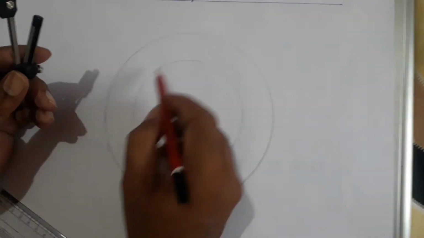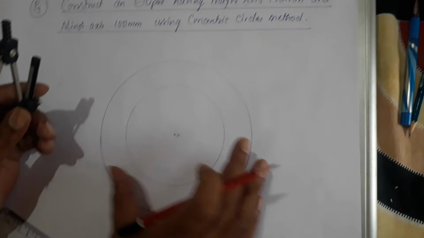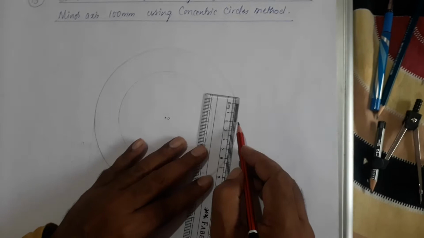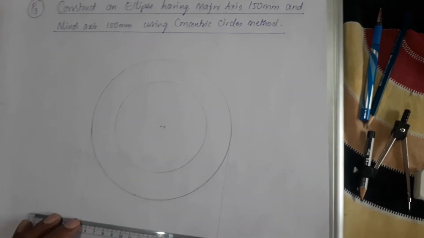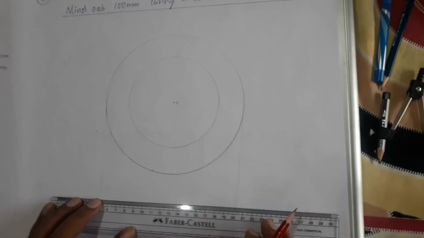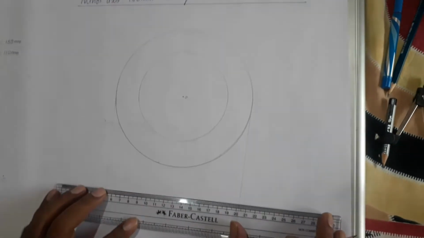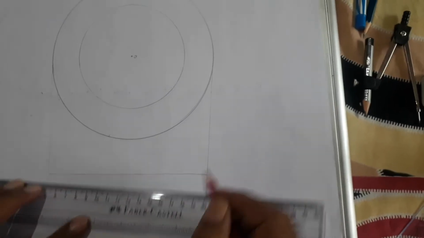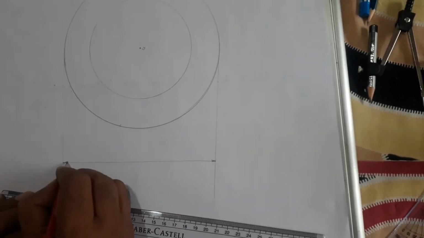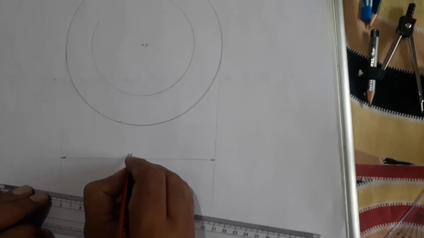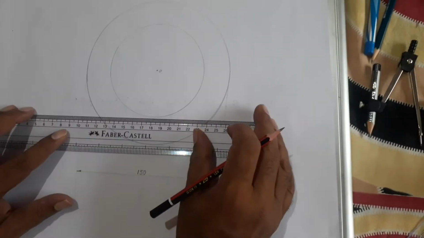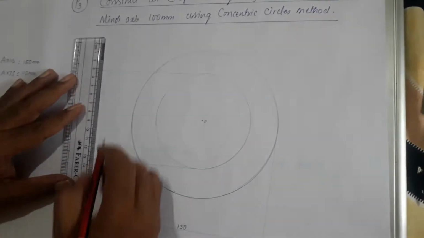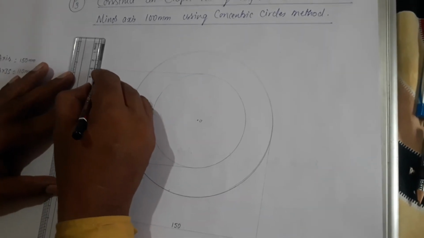With O as center, I have drawn two concentric circles, one having diameter 150 mm and another having diameter 100 mm, because the major axis given is 150 mm and the minor axis given is 100 mm.